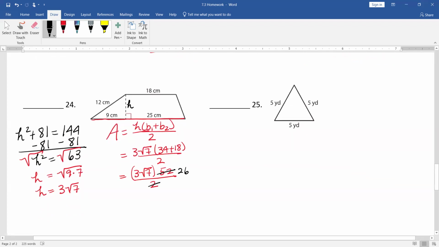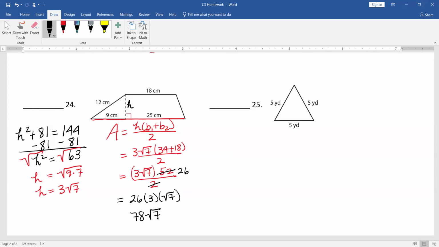So here's where we continue our learning with these radicals. So this is 26 times 3. I'm also going to split these up, times 3 times the square root of 7. Well, I can combine the 26 and the 3. 26 times 3, I don't know what it is. 6 times 3 is 18, carry the 1. So 78 square root of 7 centimeters squared.